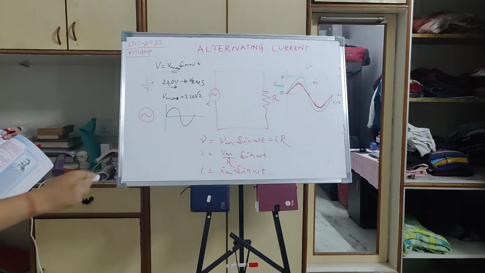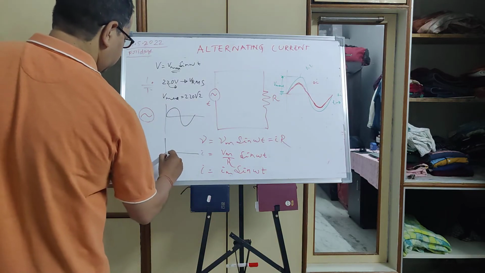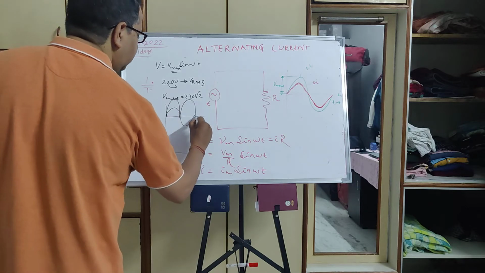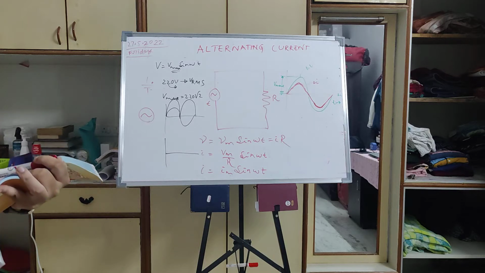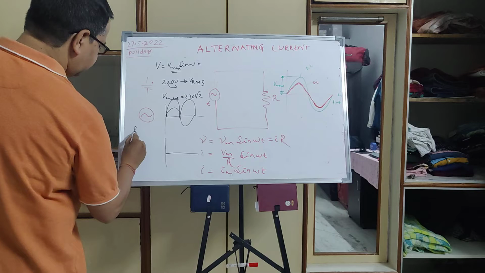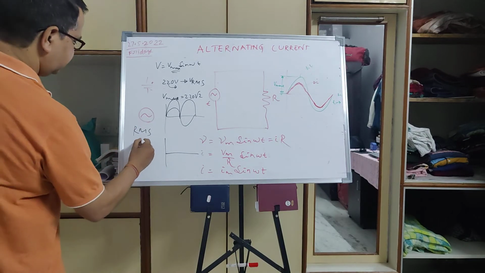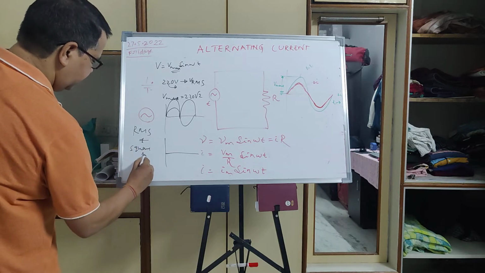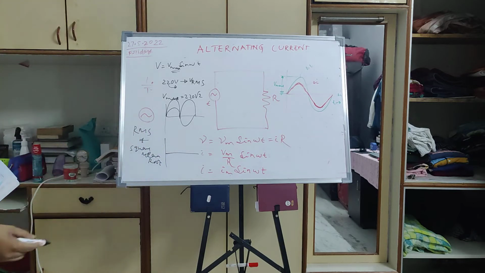So what you have to do is just square it, so a negative will also become positive. That's why you have to use RMS. What does RMS stand for? Root mean square. First you square it, then take the mean, and then take the root.